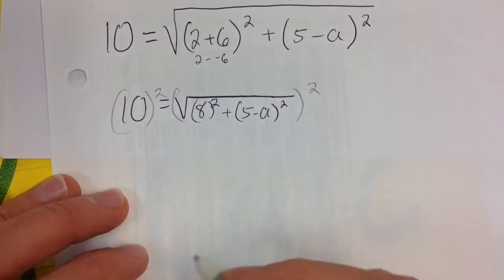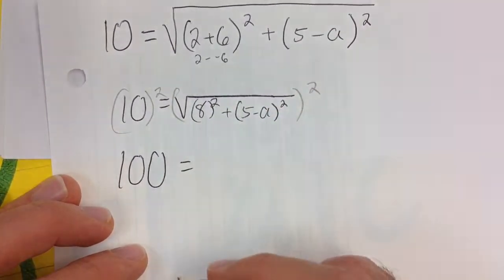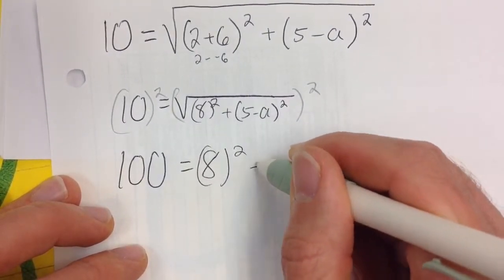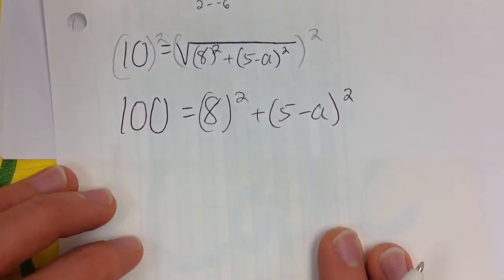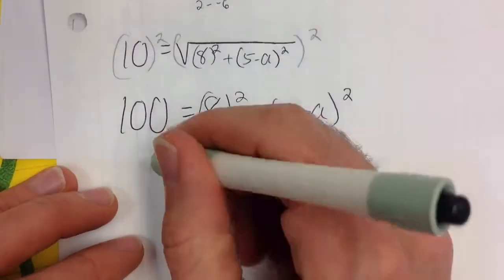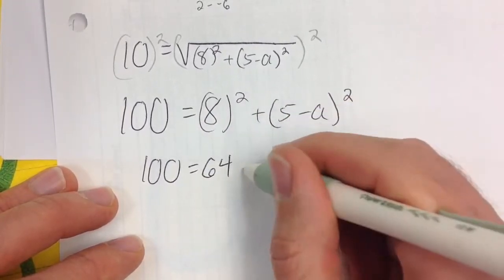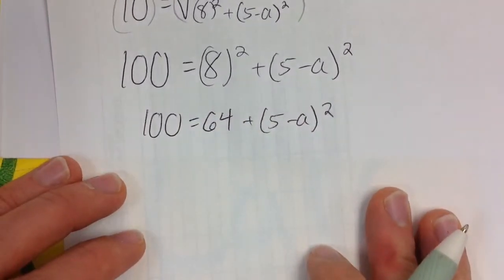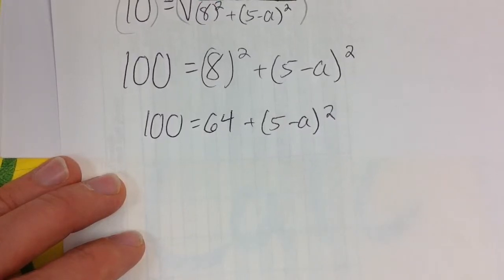So 100 equals 8 squared plus 5 minus a squared. So then 100 equals 64 plus 5 minus a squared. Then minus 64. Nice.